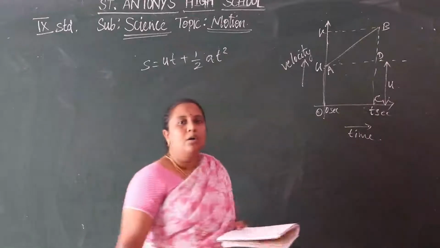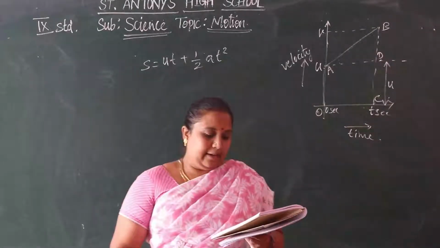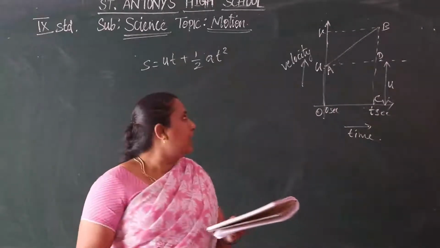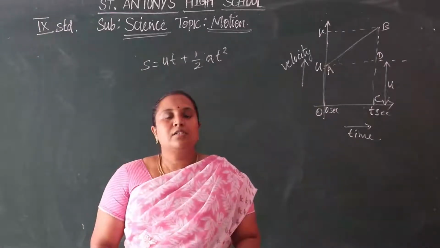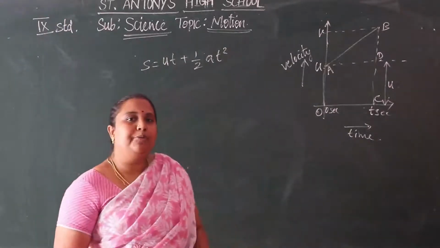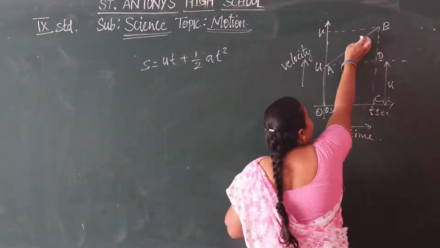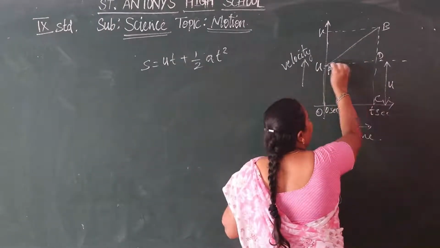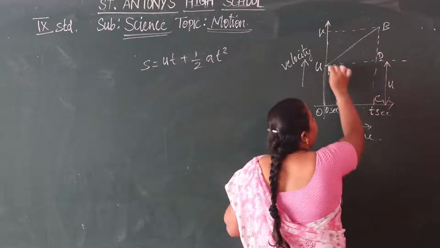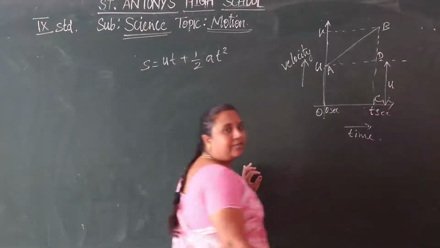In a trapezium we have a rectangle and a triangle. OADC is a rectangle and ADB is a triangle.